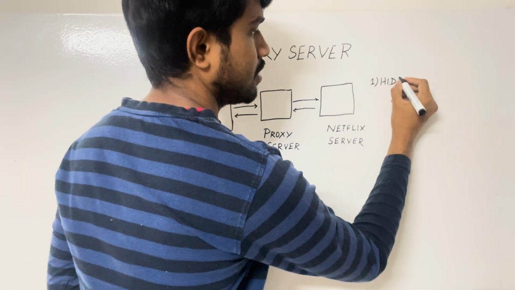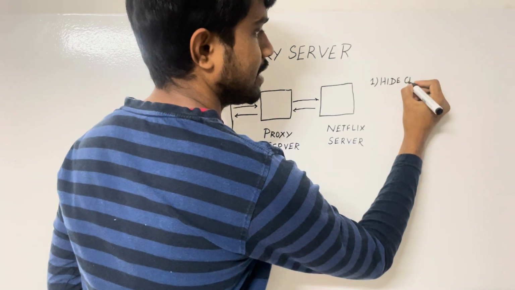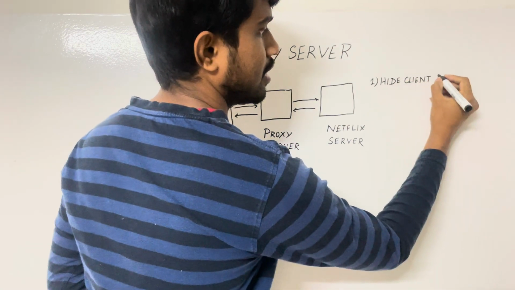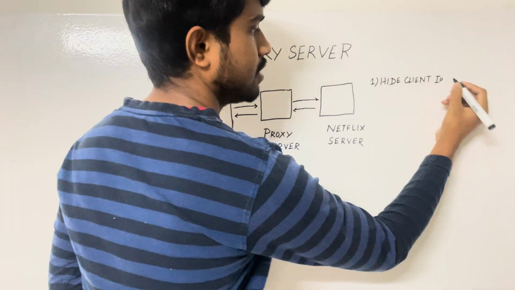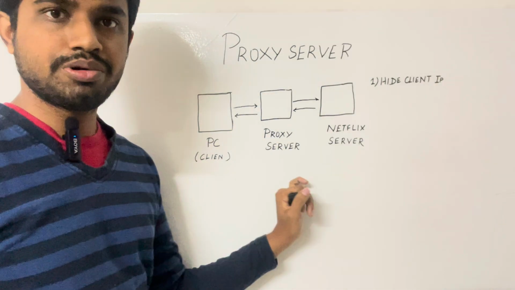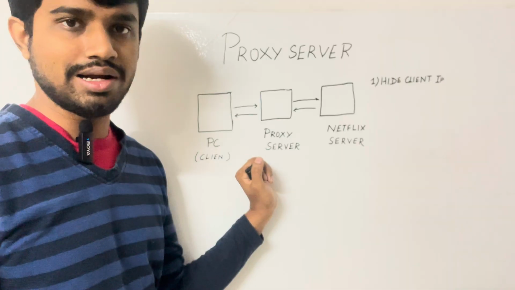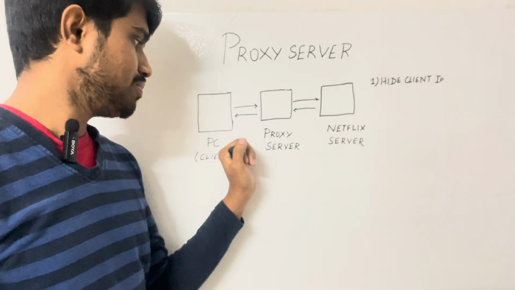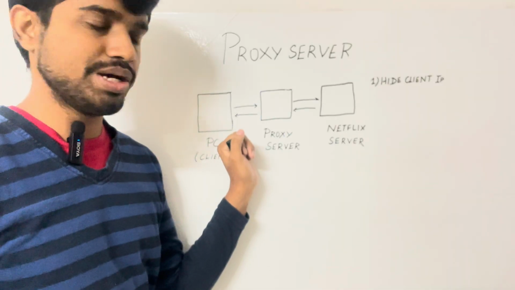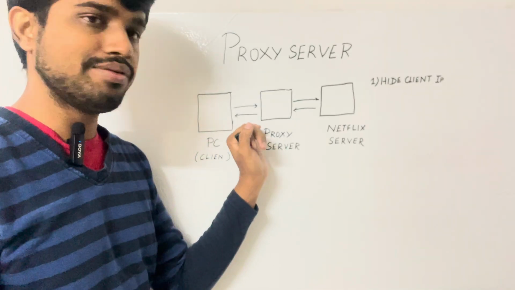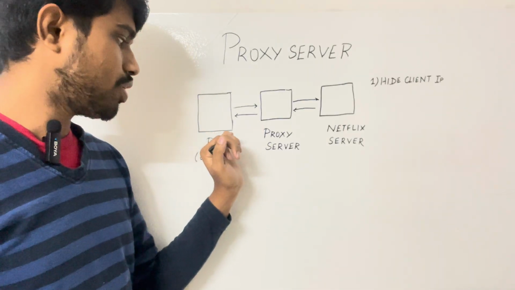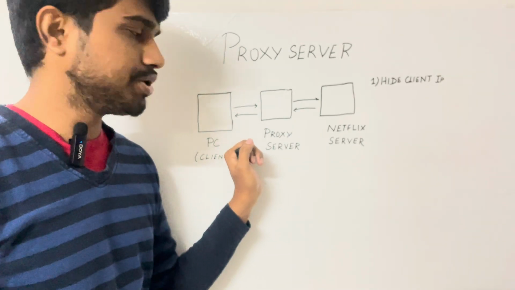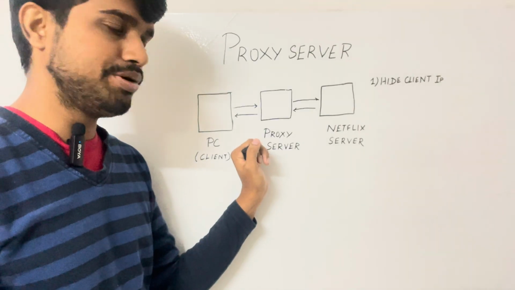Hide client IP. We know every computer on the internet has a logical address by which it is identified. Similarly, your PC will have an IP address, and your proxy server will have an IP address. Now you want to hide your personal computer or the router sitting in between.